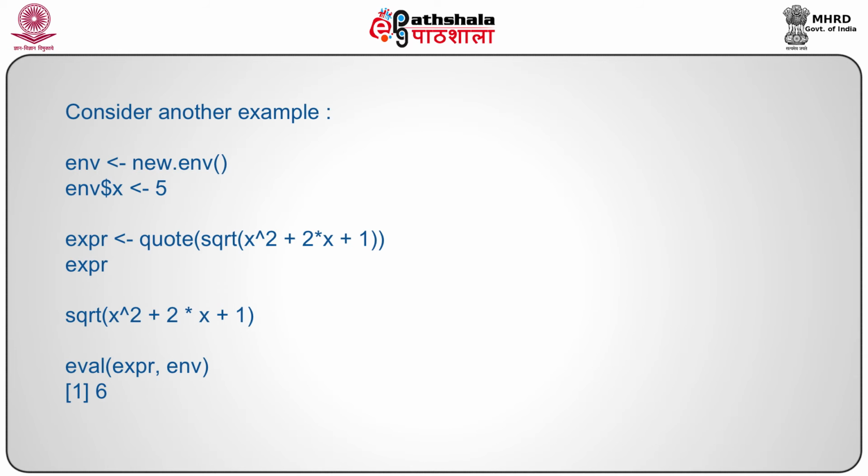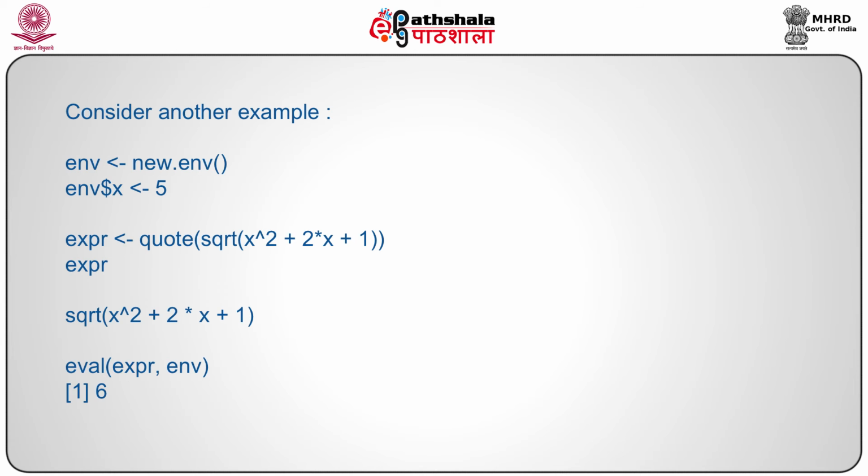Here, within env we are assigning new.env, and then we are assigning x equal to 5 within the environment, and then within the expression we are writing down the desired expression. And then since we want to find the square root of this expression, we are writing this code. Finally, within the eval function, we are inserting the expression and environment, and that would give us the final output.